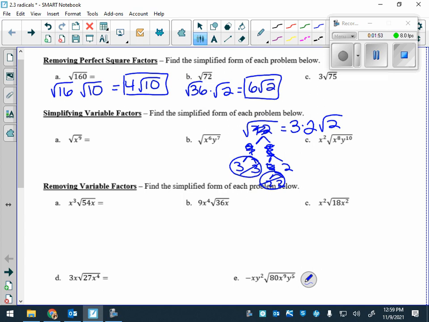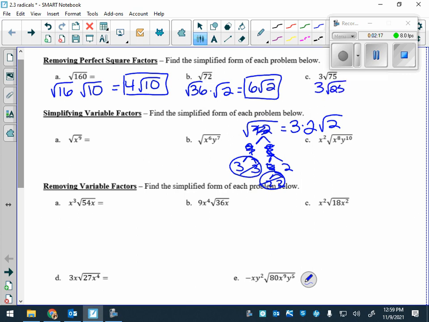Okay? Yes, Liam? So all the pairs cancel to the outside. Correct. Okay. How about 3 times the square root of 75? Yep, I can do that. So is it just any two numbers that multiply to 72? Yep. Those are the factors you're looking for. And I did the square root of 25 and 3.